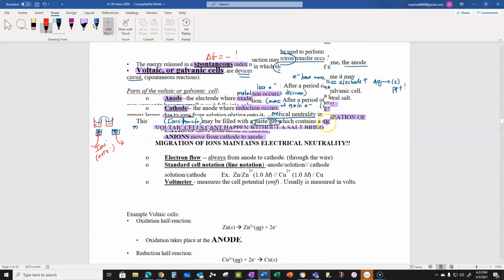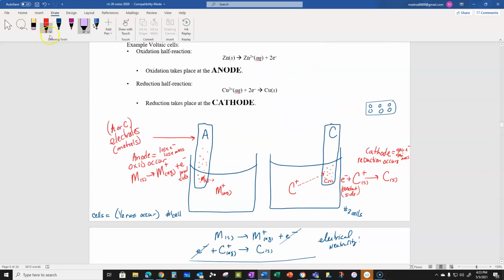So inside here in our picture, we need to draw our salt bridge. And usually they will tell you what salt is in this bridge. It doesn't even have to be any ion that's in common with this. I've seen many times that they say KNO3 is in the salt bridge, so I'm just going to put SB.